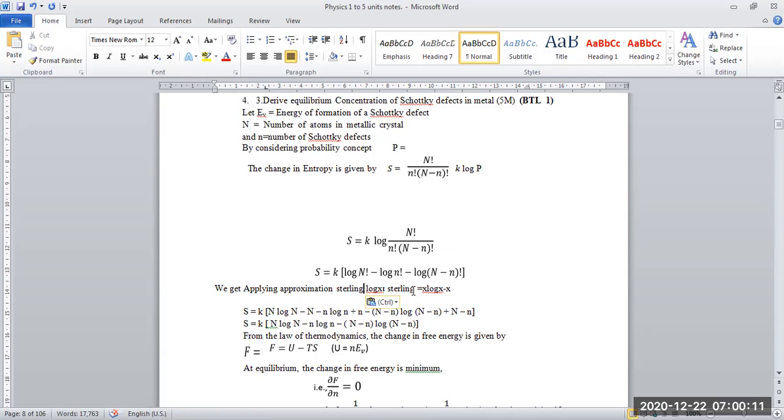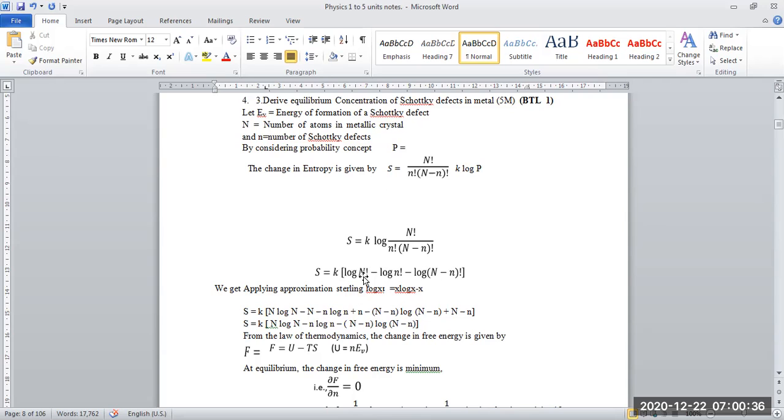Now you can just see this. It is very clear. So log x factorial is x log x minus x. So we call that applying the Stirling approximation. So this log x factorial formula is applied to the first term, second term, and the third term.